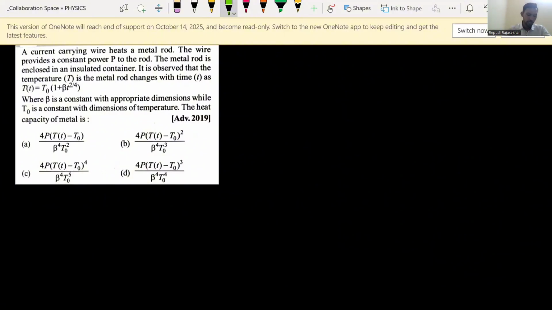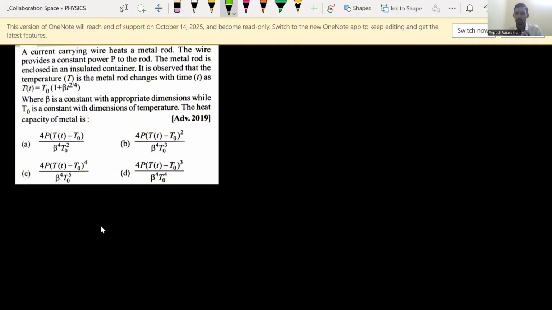A current carrying wire heats a metal rod. The wire provides a constant power P to the rod. The metal rod is enclosed in an insulated container. It is observed that the temperature T of the metal rod changes with time t as the equation given.